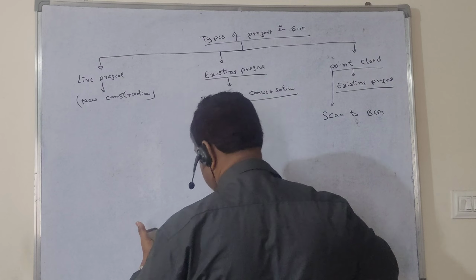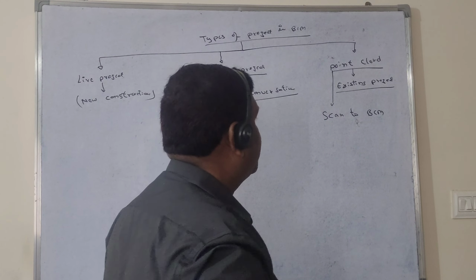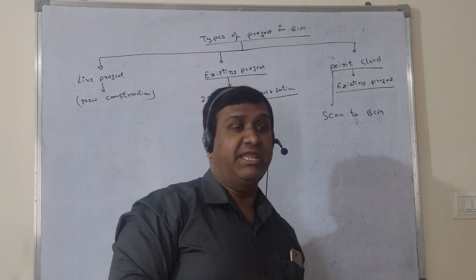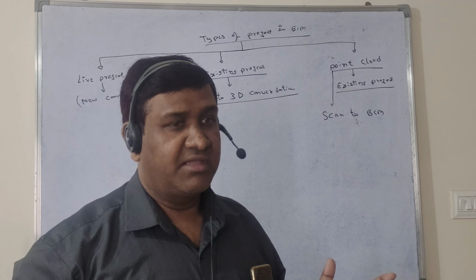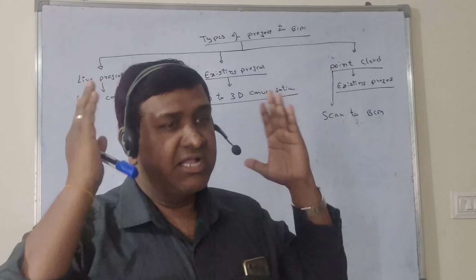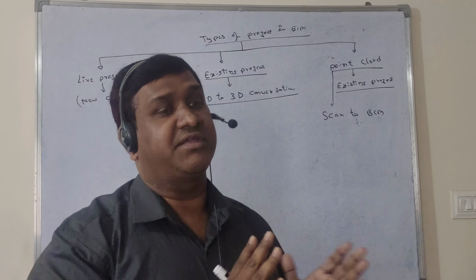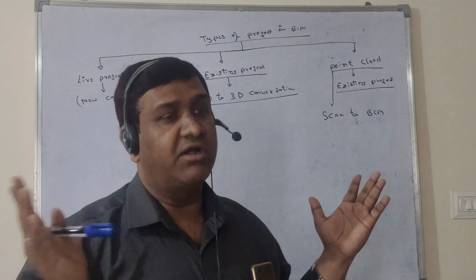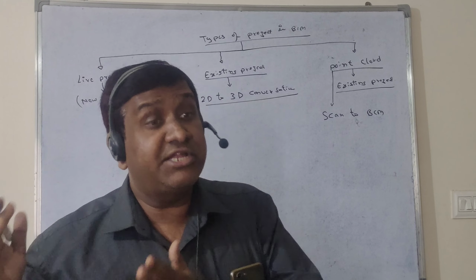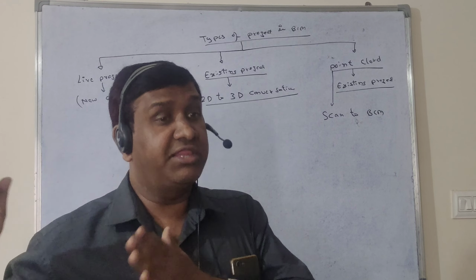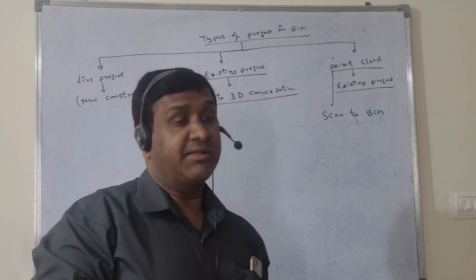Scan to BIM means the building exists, but there will be no drawings. Nothing is there. But that building exists right now in the world, in the area where they constructed it. But we need a drawing. We need all the information about that building.